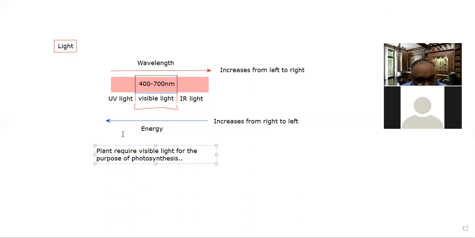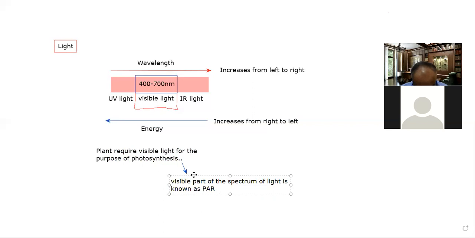And that is why this visible part of the spectrum of light is known as PAR. PAR means photosynthetically active radiation.